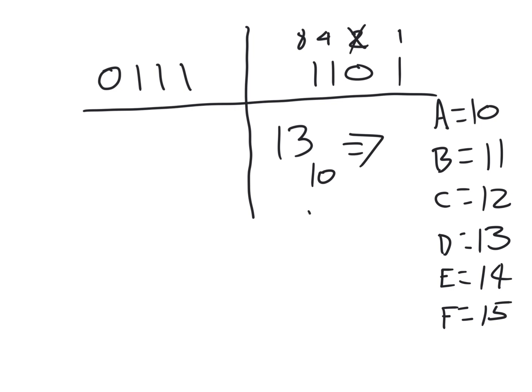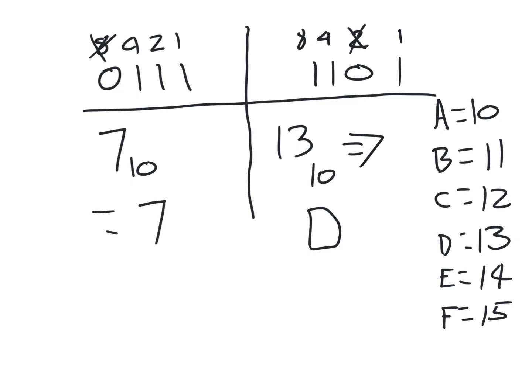So 13 is going to correspond to D. And then over here, 1, 2, 4, the 8, there's a 0, so we're not going to use it. So it's 4 plus 2, which is 6, plus 1 is 7. So that equals 7 hexadecimal. So that is 7D, 7D base 16.